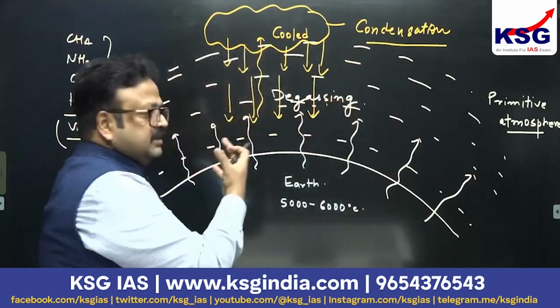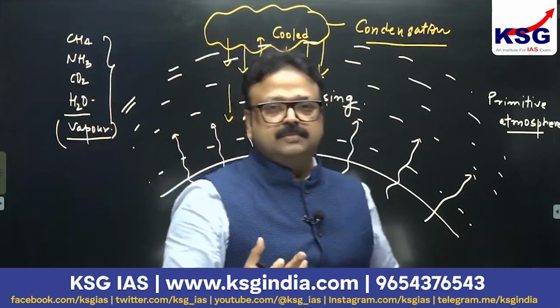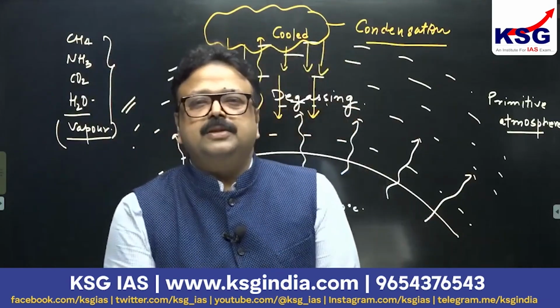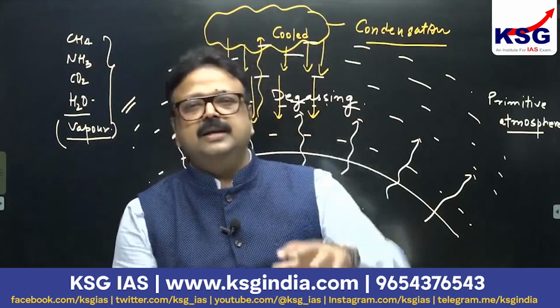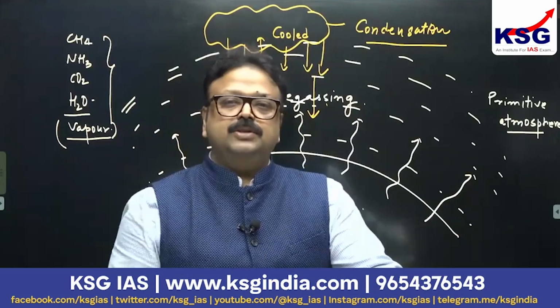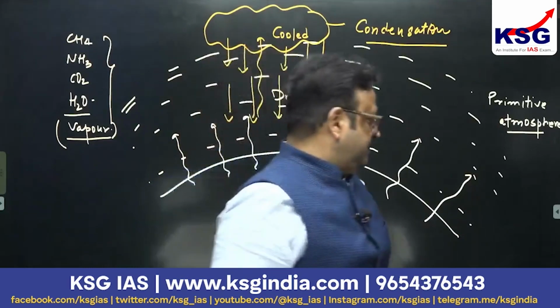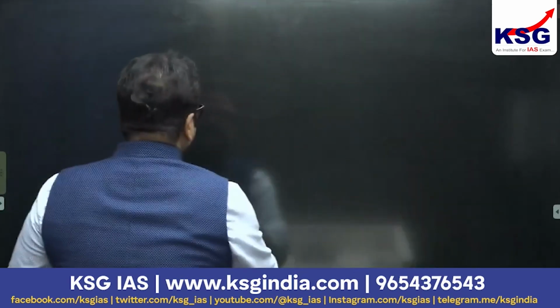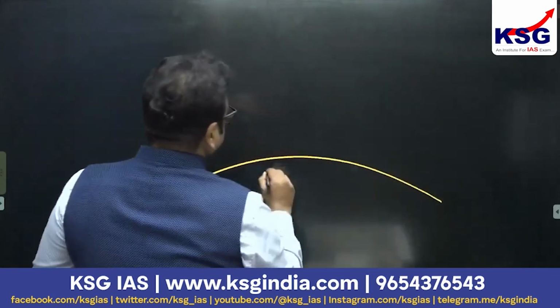You can simulate this process just like after making rotis, your tawa becomes hot, and if you pour water on it, there will be rapid evaporation. This is a kind of process which was going on. And what happened? Suppose that this is the earth's surface.